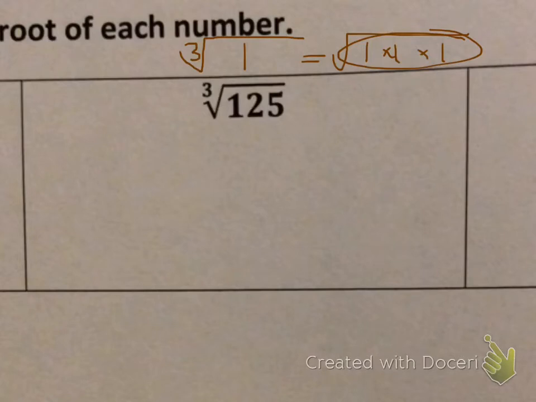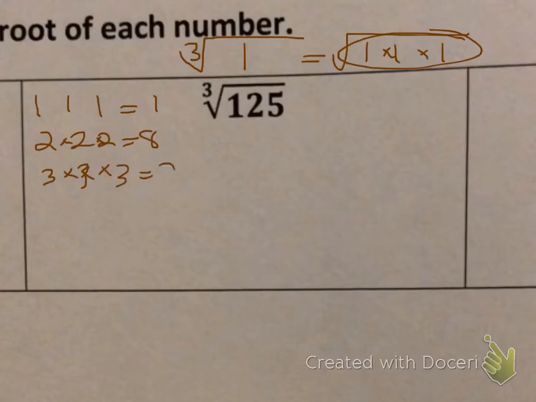So what I'm going to do now is I'm going to see if I can find the number that times itself 3 times would give me 125. Sometimes the best way to do it is to just go through my numbers. So 1, 1, and 1 multiply together to be 1. 2 times 2 times 2 multiply together to be 8. 3 times 3 times 3 multiply together to be 27. 4 times 4 times 4 multiply together to be 64.